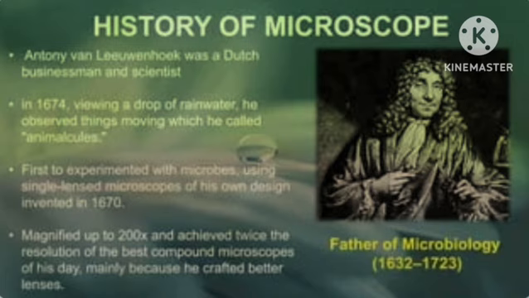Next, in the history of microscopy, the scientist Ruska, in the year 1933, built the first electron microscope, which exceeded the resolution attainable with an optical light microscope.